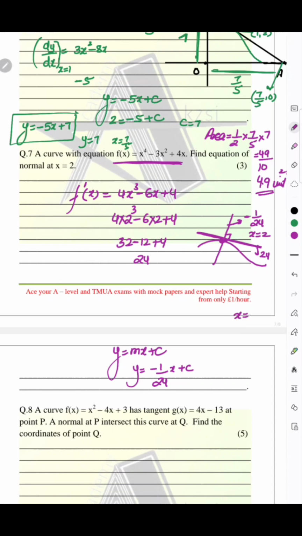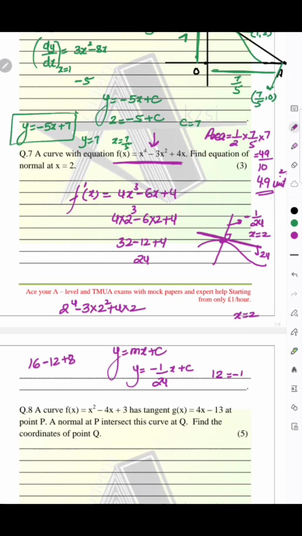So I need to substitute x equals 2 into the equation of the curve: 2 to the power of 4 minus 3 times 2 squared plus 4 times 2. This is 16 minus 12 plus 8, which is 12. So y is 12 and x is 2.